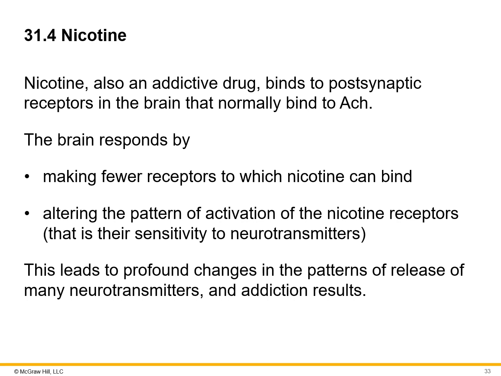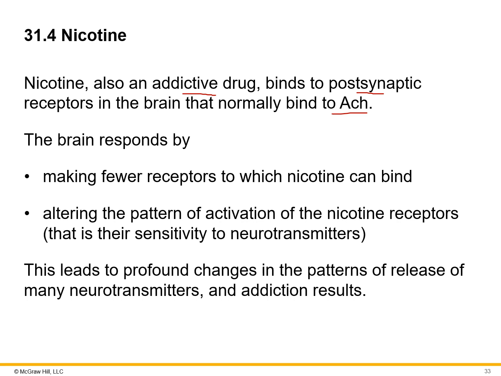All right. And then nicotine, just another one, of course, with vaping, cigarettes, chewing tobacco, whatever the case may be, anything with nicotine is actually one of the most addictive drugs. What it does is it binds to the postsynaptic receptors in the brain that normally bind acetylcholine. And whenever it does that, now the brain responds.